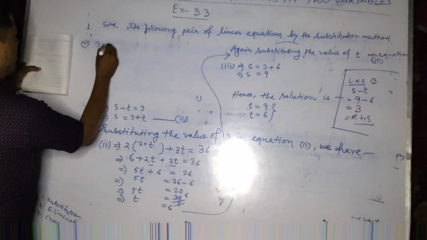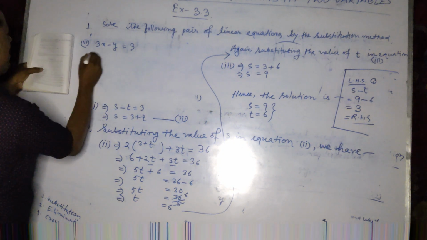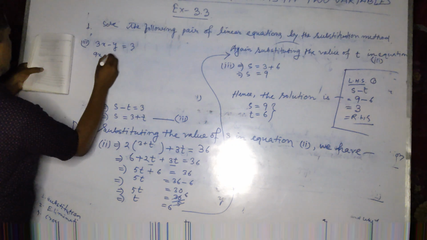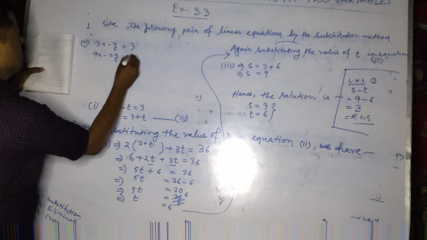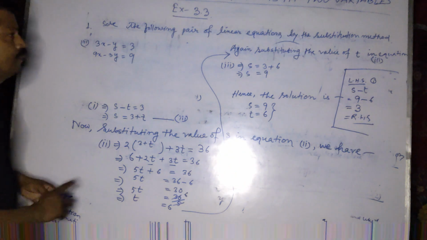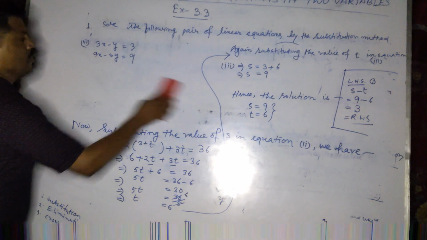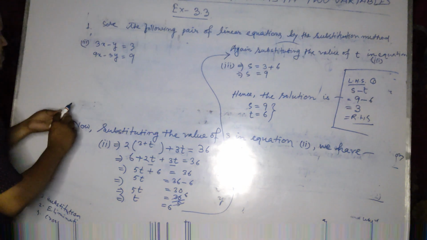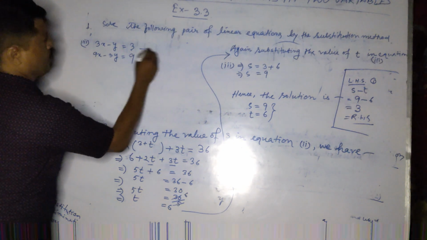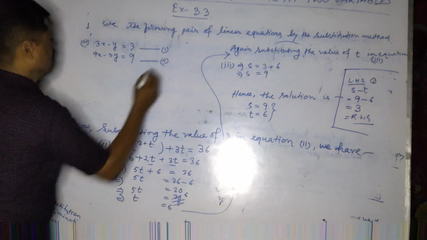3x minus y is equal to 3 and 9x minus 3y is equal to 9. We keep this one as number 1 and this one as number 2.